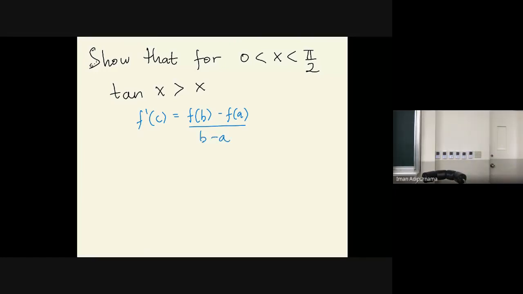Okay, try to solve it. How do you solve it? Using pi/2? Pi/2, of course, you cannot use.